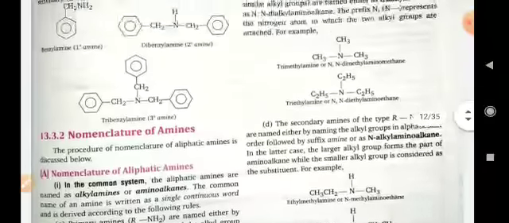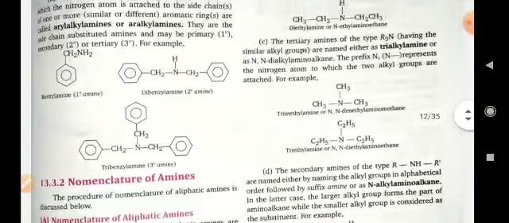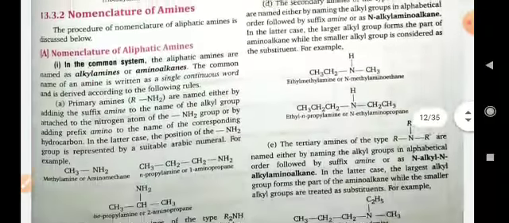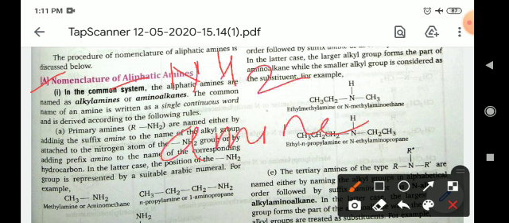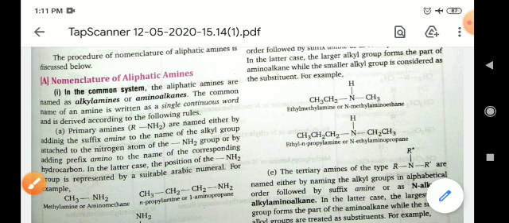Now nomenclature of the amines. How can we write the IUPAC name of the amines? As I told you before, for the NH2 group the suffix amine is used, and for the hydrocarbon chain the naming is the same as for hydrocarbons.